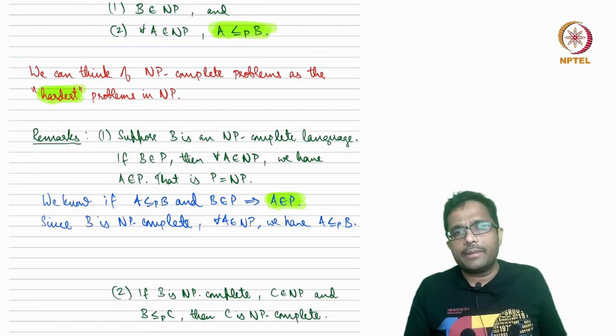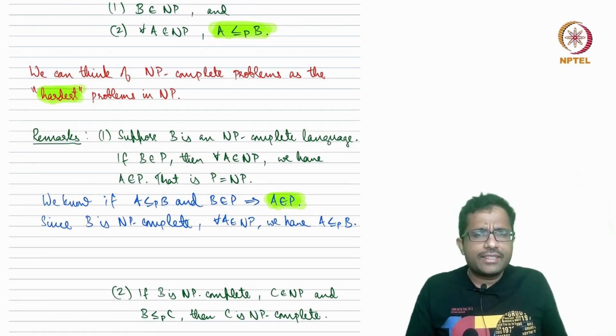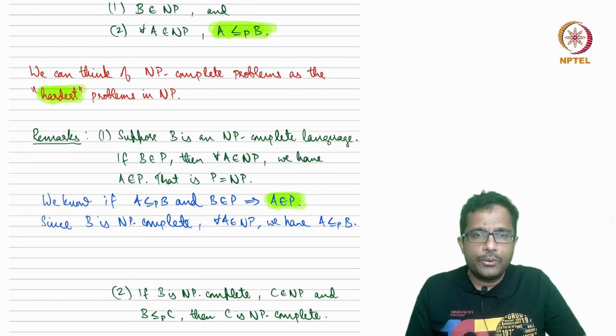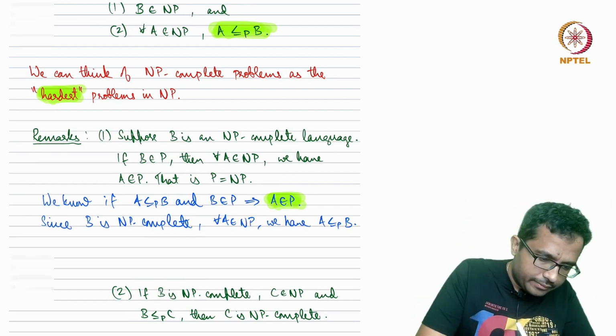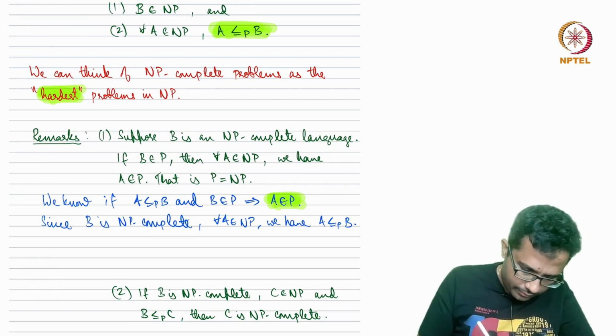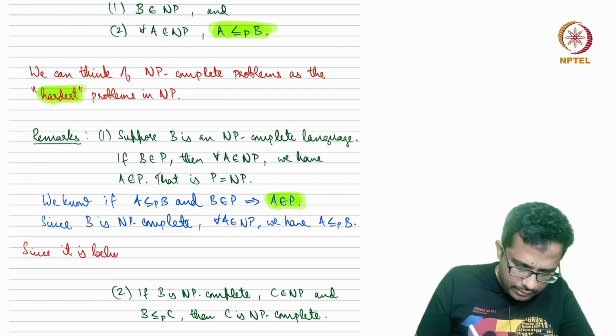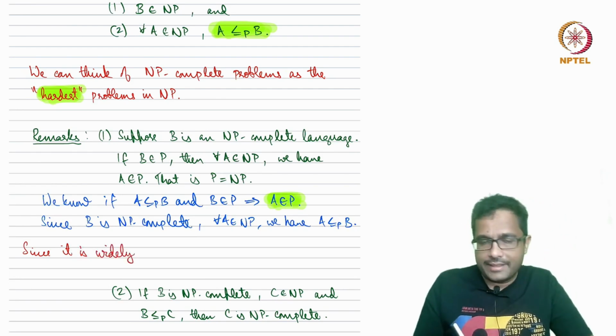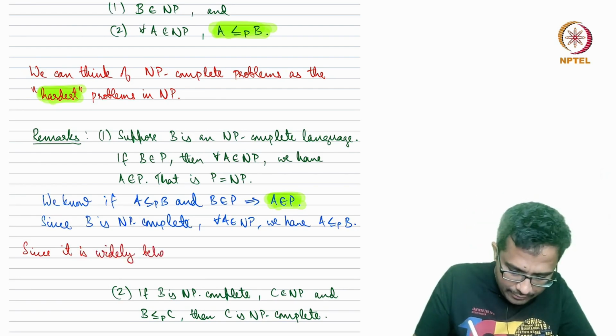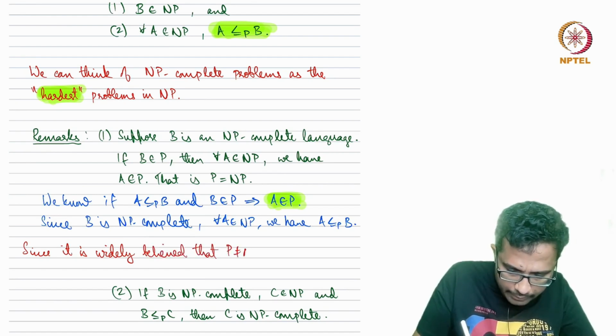Whenever we think of an NP complete language, we think that it is very unlikely for it to have a polynomial time decider. It is widely believed, though not everybody believes this, that P is not equal to NP.